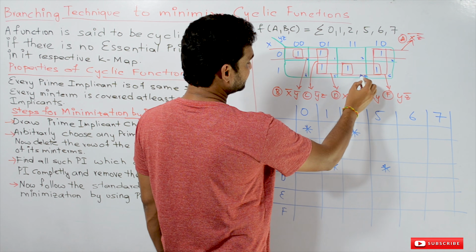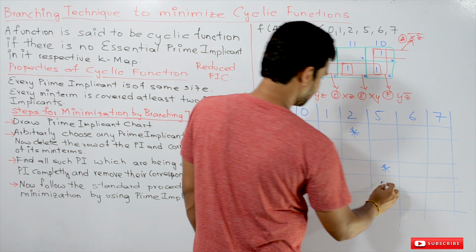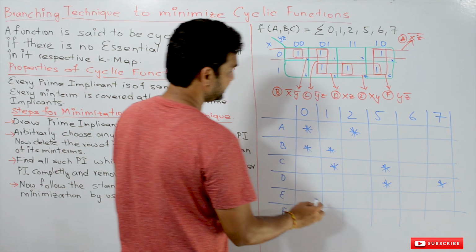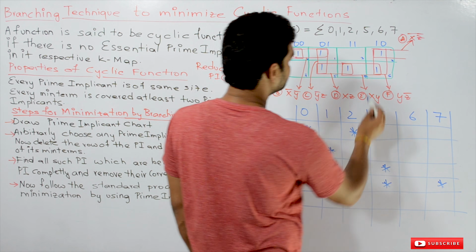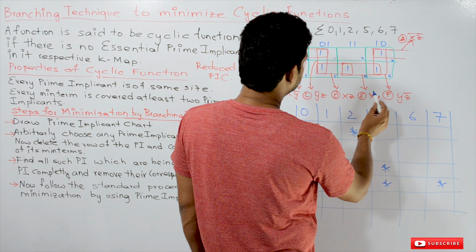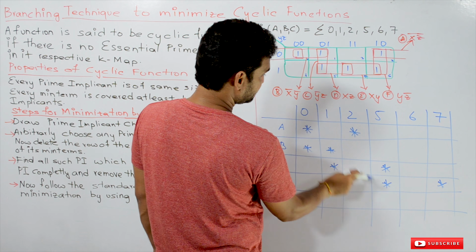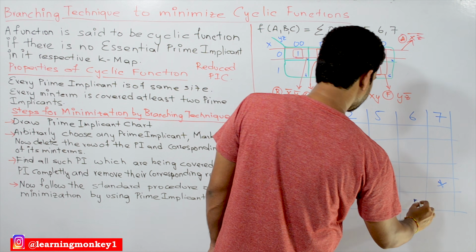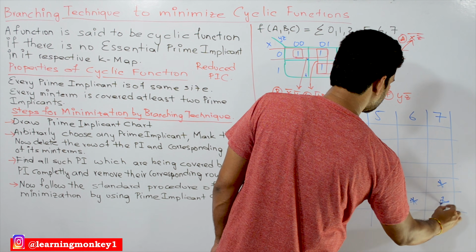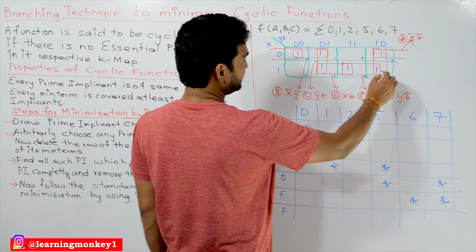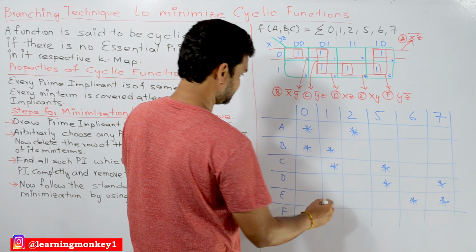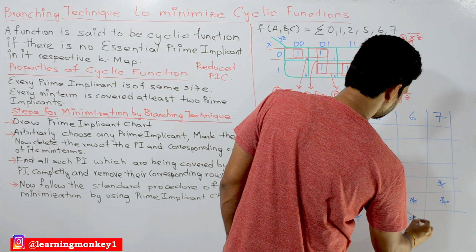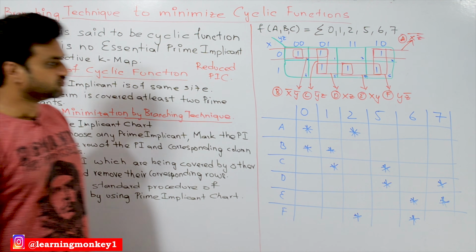Next, D is covering 5, 7. Next, E is covering 6, 7. And F is covering 2, 6.